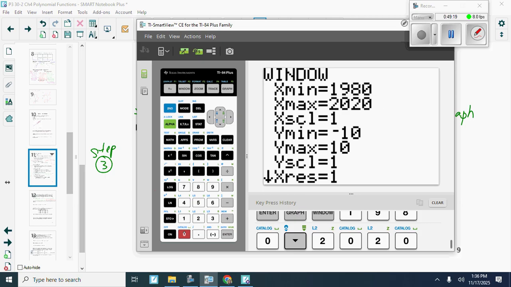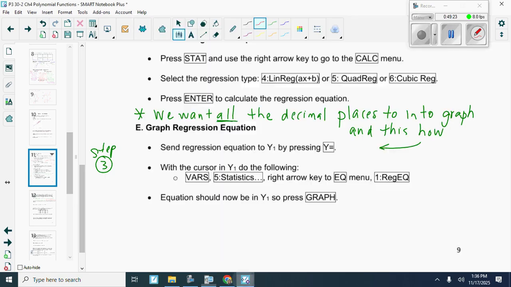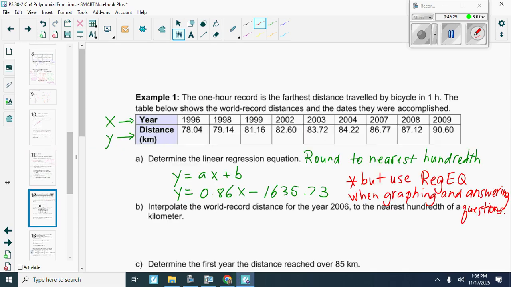Your Y min, so let's look at, in our notes, let's look at our data again. Our Y goes from 0.78 up to 90. So maybe again, drop it down. Let's go from like 70, and maybe we do up to 100.